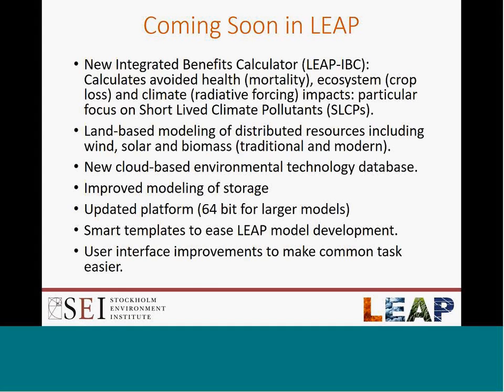A major part that we're working on at the moment is the ability to do land-based modeling of distributed resources. So a particular focus on biomass energy, both traditional and modern biomass, but we also think this should be useful for thinking about wind and solar.